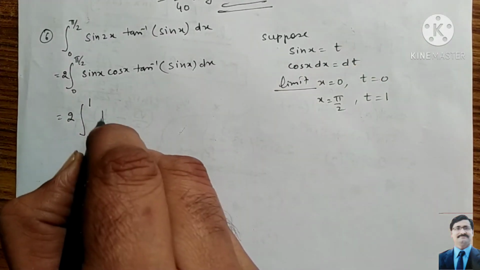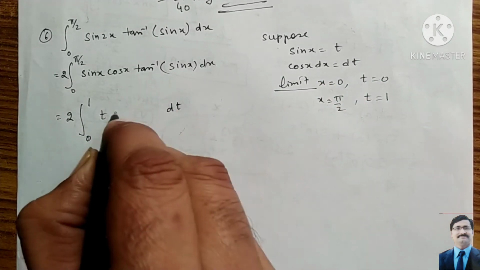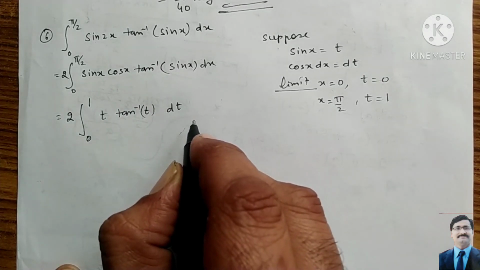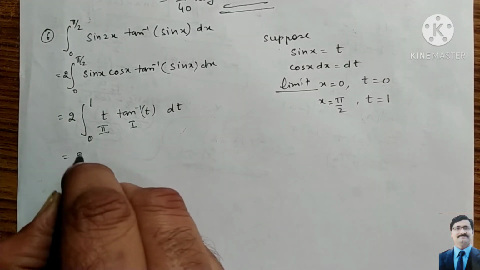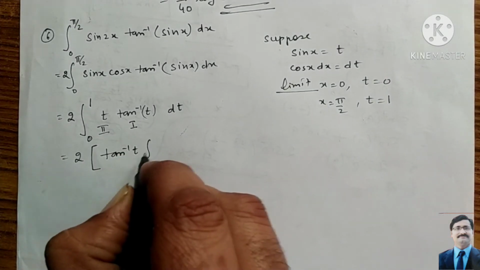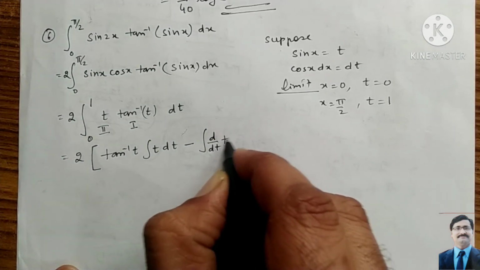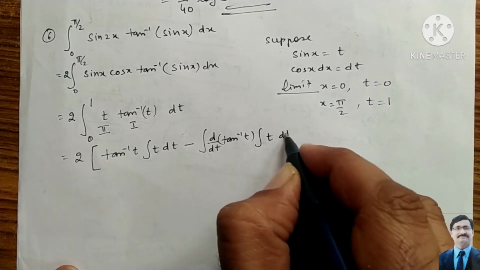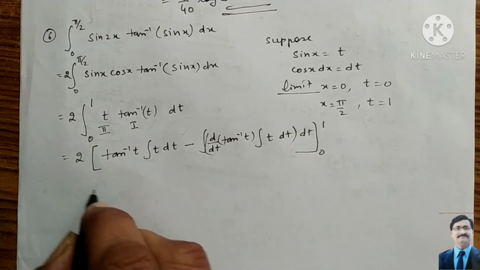Sin x we write as t, cos x dx we write as dt, and tan inverse sin x we write as tan inverse t. Now we will use integration by parts, where this is the first and this is the second. So we can write 2 and bracket: first is tan inverse t times integral of t dt, minus integral of the differential of tan inverse t times integral of t, and whole dt, and the bracket closes, with limit 0 to 1.